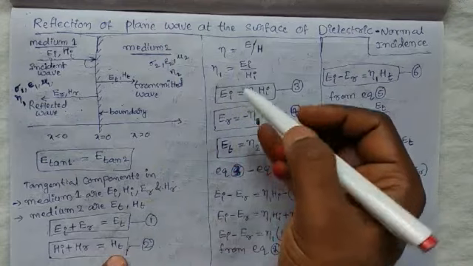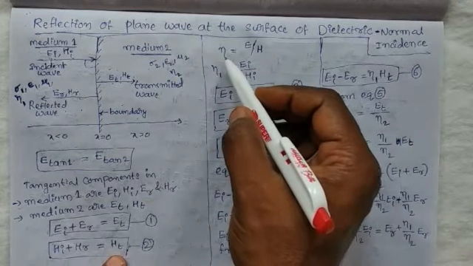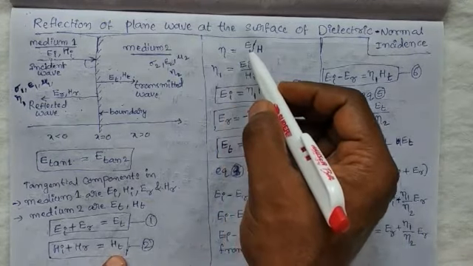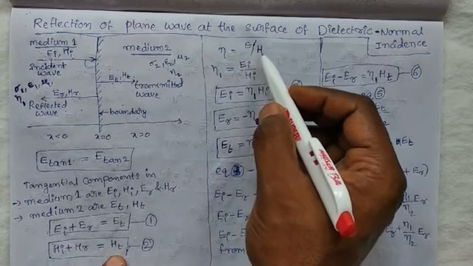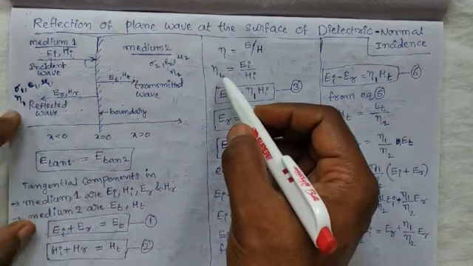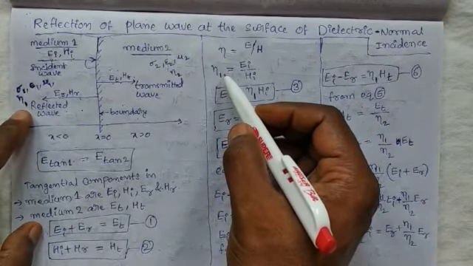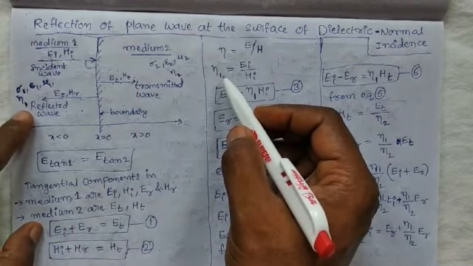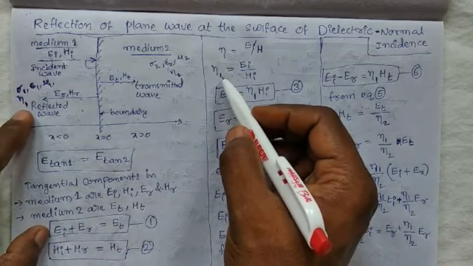We know the characteristic impedance or intrinsic impedance is simply the ratio of electric field intensity to magnetic field intensity. Now we define the intrinsic impedance in medium 1 in terms of the incident wave.